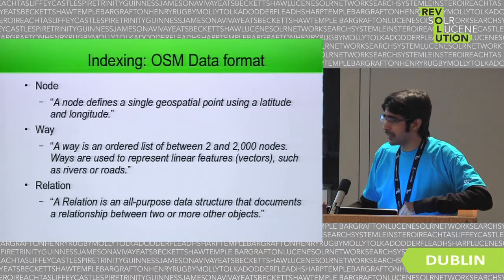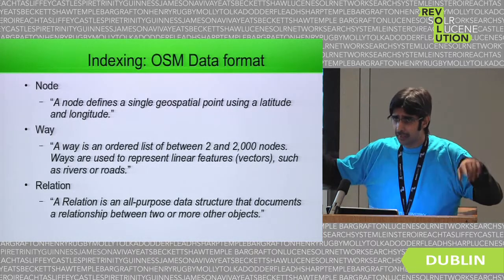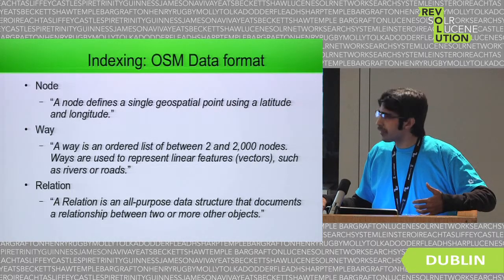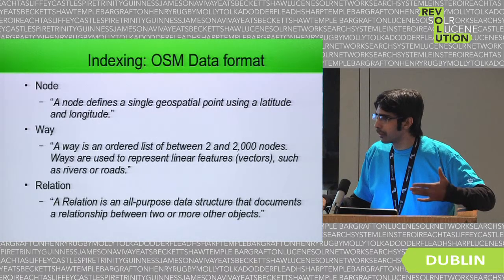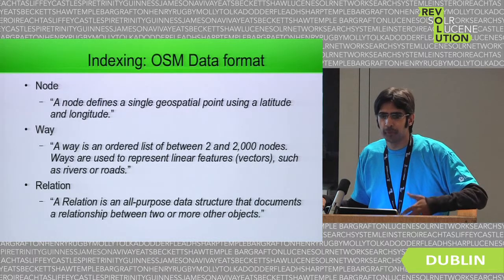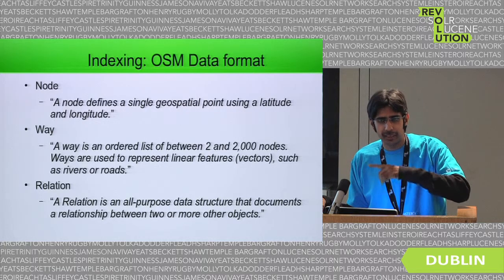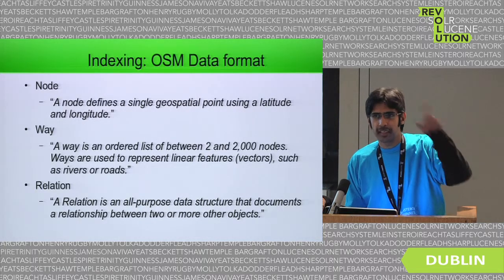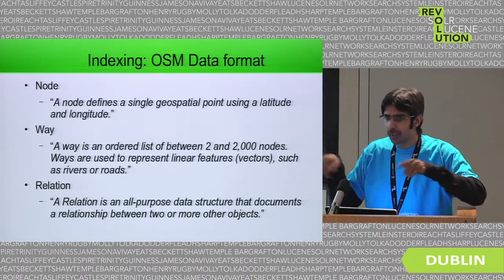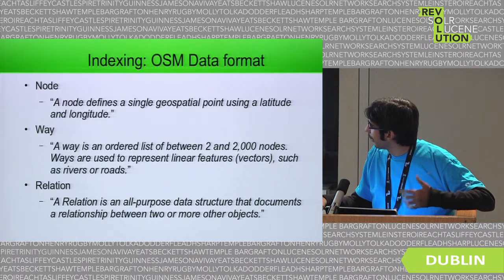A way is more like a polyline, a collection of nodes, and a way is used for streets. A way is used for even having polygons, which are self-joined ways. A self-joined way is a polygon.